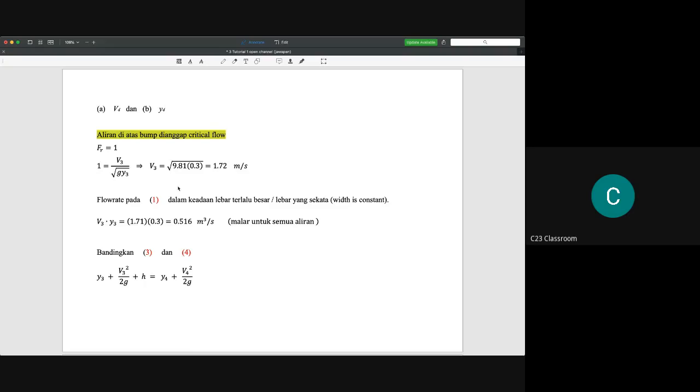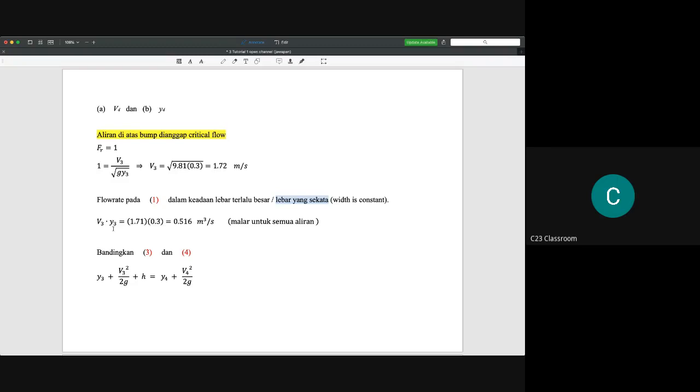The width here is constant, so we can use the continuity equation, Y1A1 equals Y2A2. In this case, we use point number 3.